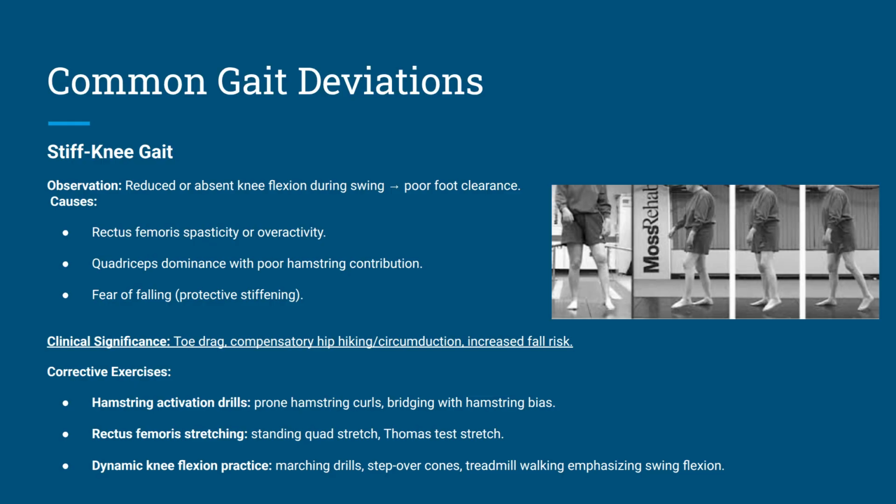Corrective interventions: hamstring activation drills, such as prone hamstring curls or bridging with hamstring bias. Rectus femoris stretching, especially dynamic, standing quad stretch, or a Thomas test stretch.